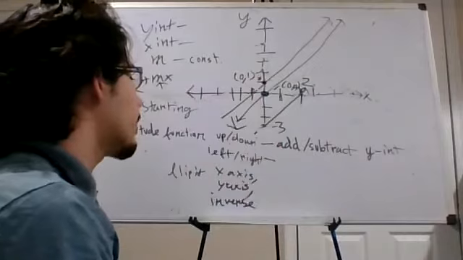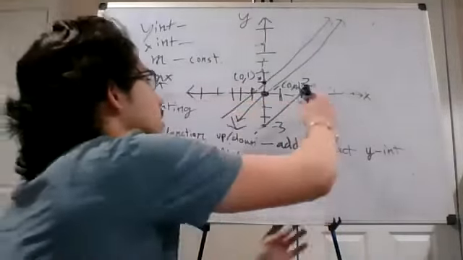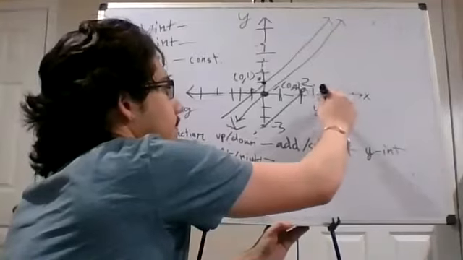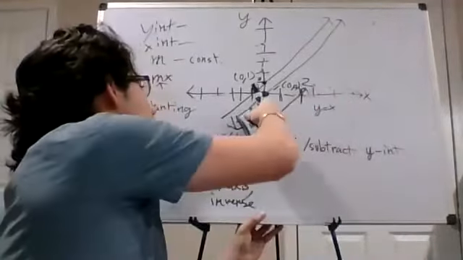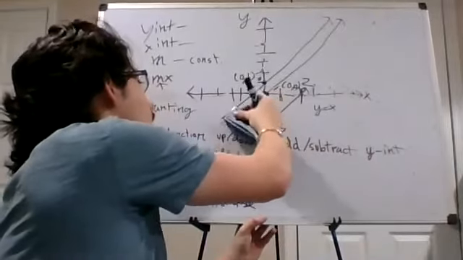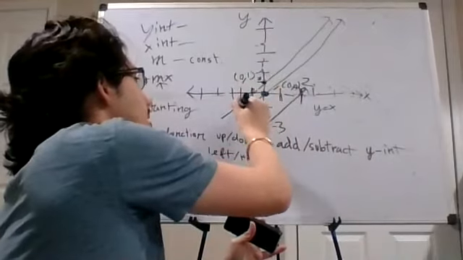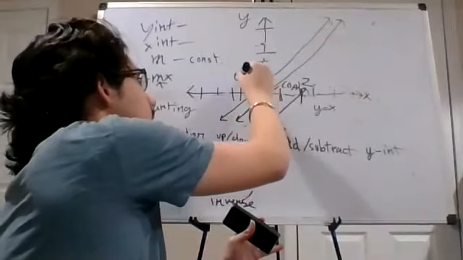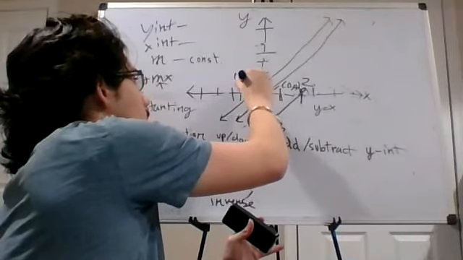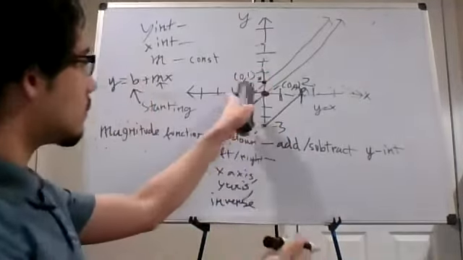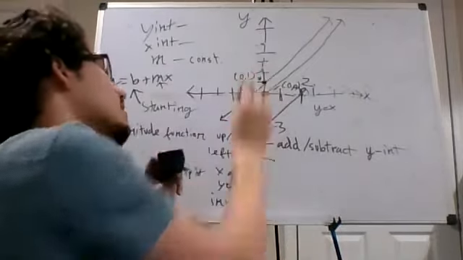Because if we move the original equation, y equals x, 1 peg to the left, so that its original center on 0, 0 is now 0, 1, or 1, 0, we need to use this information to find out what the y-intercept is.